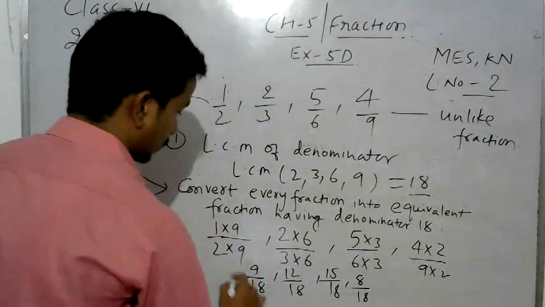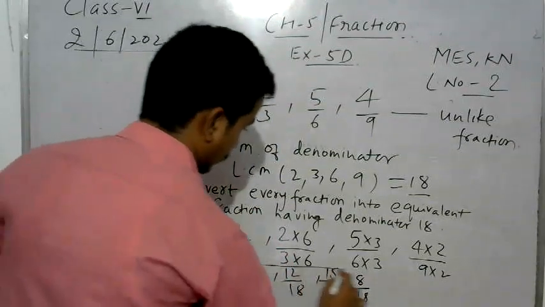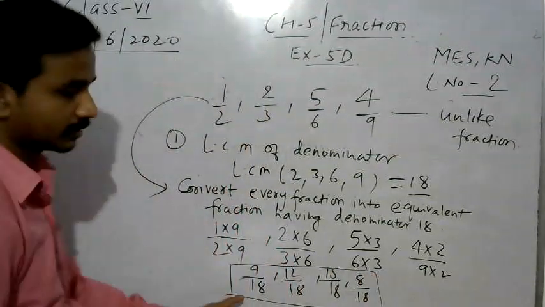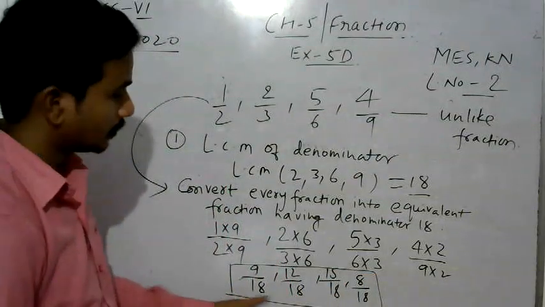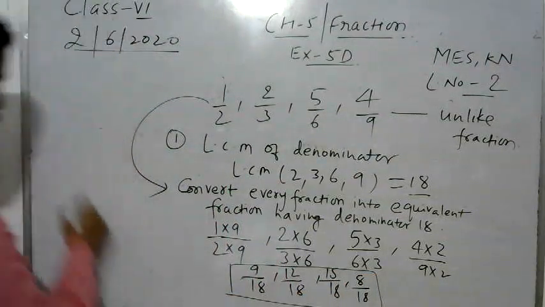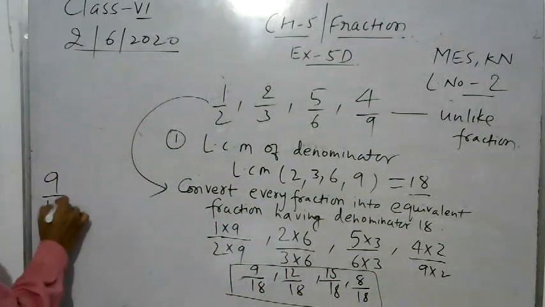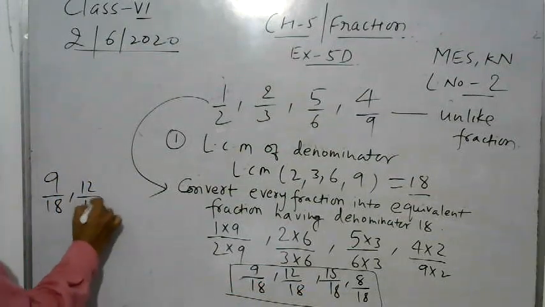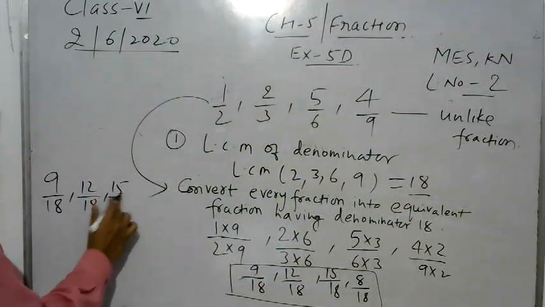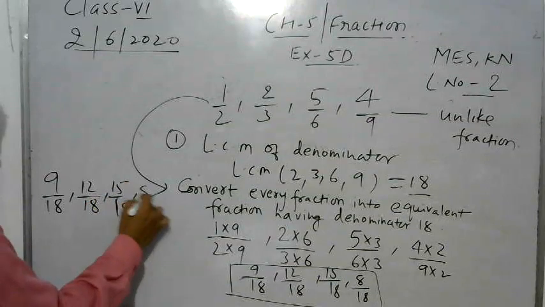So this is the like fraction having same denominator. See, the denominator of all these are 18. So you will get 9 by 18, 12 by 18, 15 by 18, and 8 by 18.